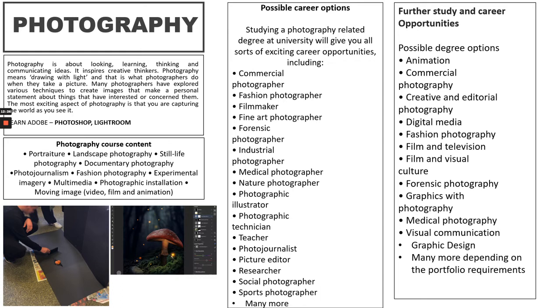So the career options that you can go into later on are commercial photographer, fashion photographer, filmmaker, fine art photographer, forensics photographer, industrial photographer, medical photographer, nature photographer, photographic illustrator, photographic technician, teacher, photojournalist, picture editor, researcher, social photographer, sports photographer, and again many more.